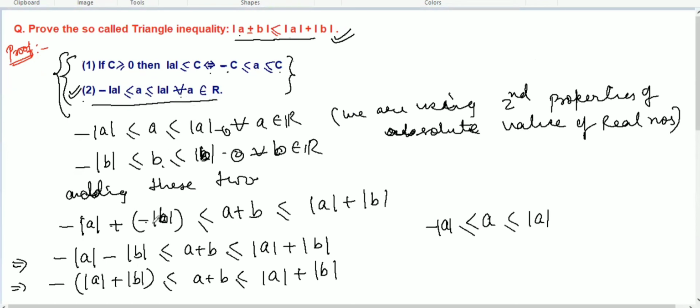What is this saying? Minus of absolute value of A less than equal to A and less than equal to modulus of A. We are using these properties.